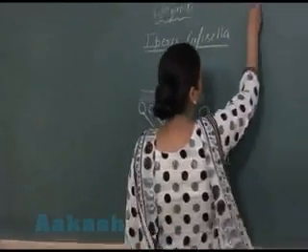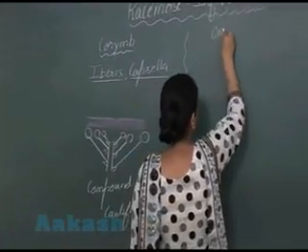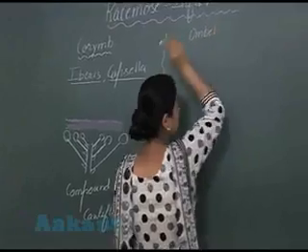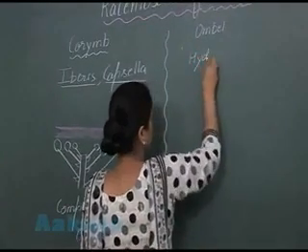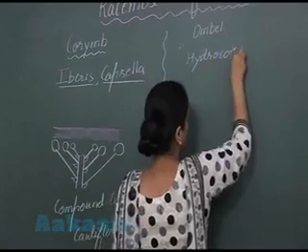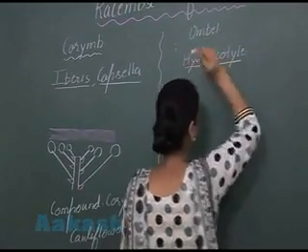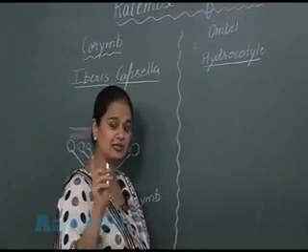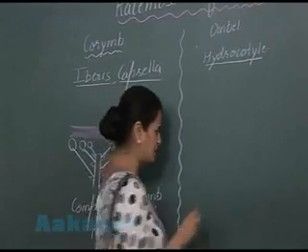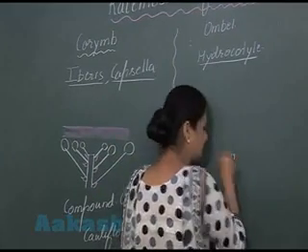Now after the corymb, the next one is the umbel inflorescence. Umbel inflorescence is present in the plant hydrocotyle. Now in the umbel inflorescence, the inflorescence axis is reduced.